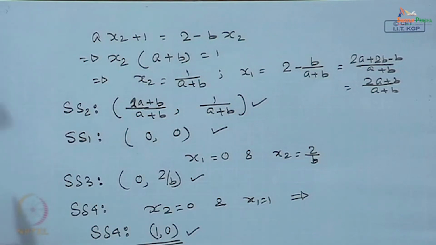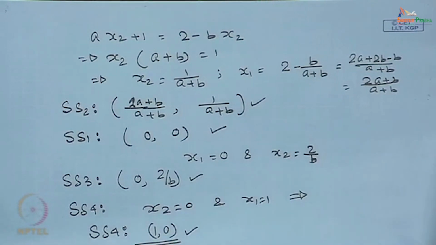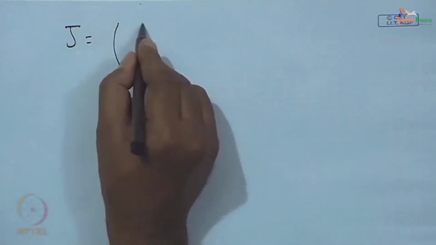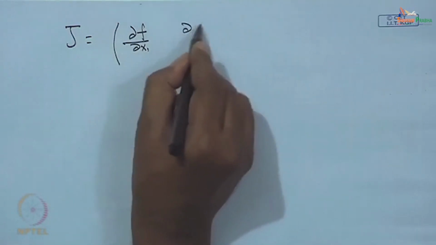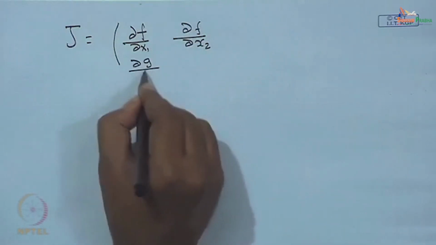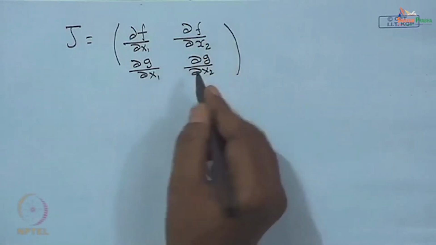Then we will take up each individual steady state and check their stability. We have identified the steady states. Next, for every steady state we will evaluate the Jacobian matrix. That is the partial derivative of f with respect to x1, partial derivative of f with respect to x2, partial derivative of g with respect to x1, and partial derivative of g with respect to x2.